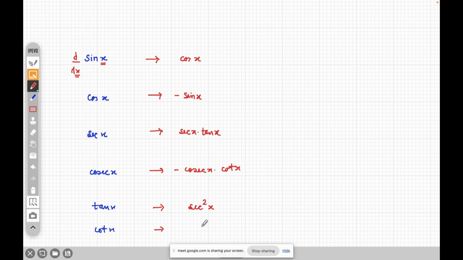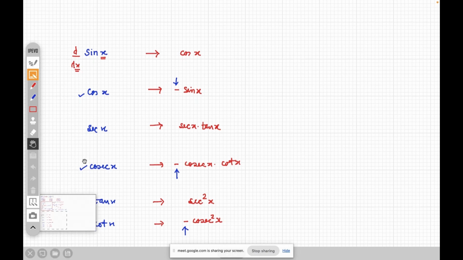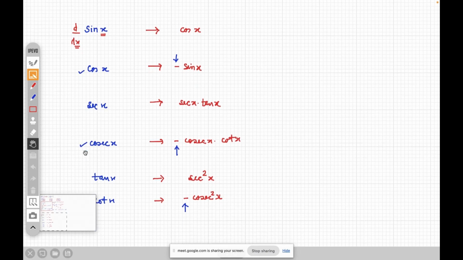Differentiation of cot x is minus cosecant square x. Just to remember, all the words which are starting with C, their differentiations are negative. Clear? Now, what is expected out of you is that you will memorize these formulae.